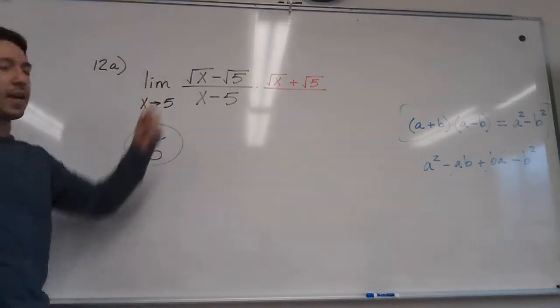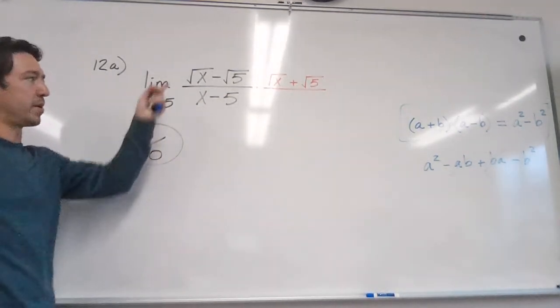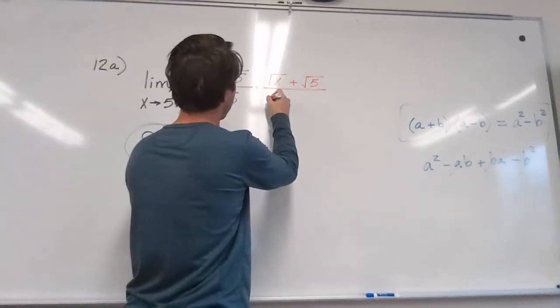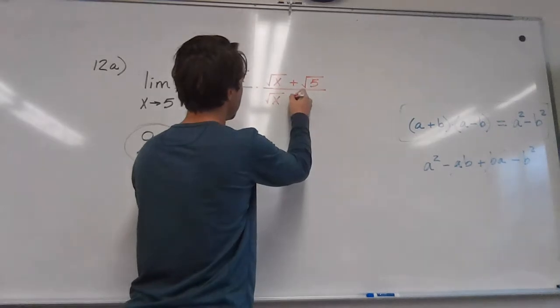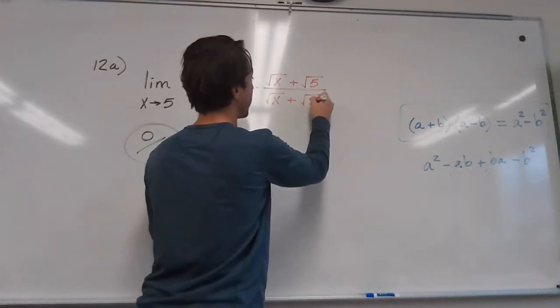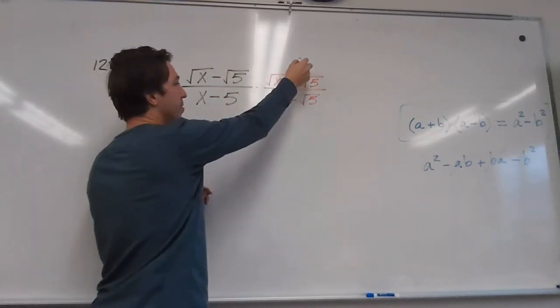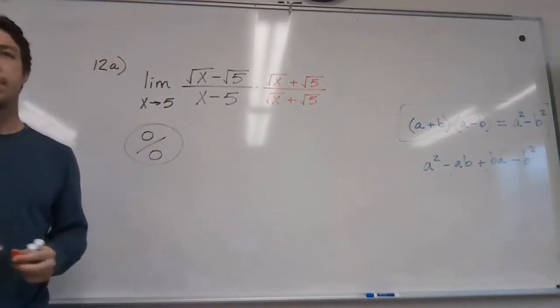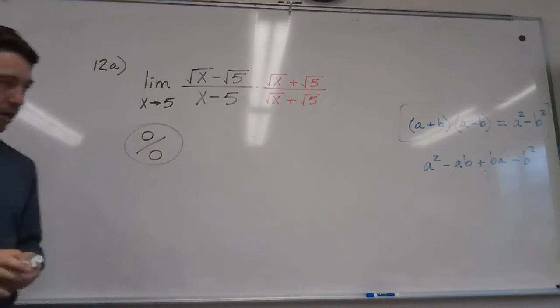Well, first of all, is that okay just the way I have it? Is that okay just to multiply the top of my fraction by something? As long as I also multiply the bottom by the same thing. So what is this number in red here? 1. So that's what we do.